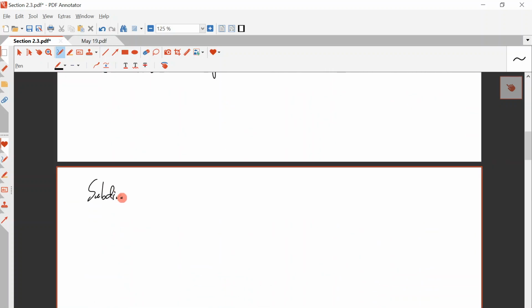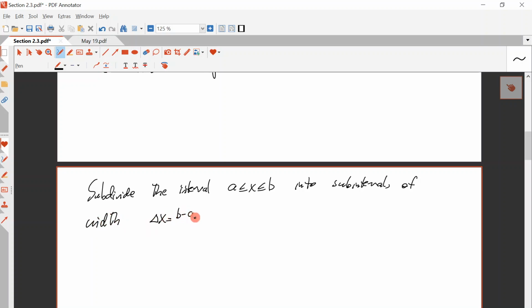So subdivide the interval a less than or equal to x less than or equal to b into subintervals of width delta x equal to (b minus a) over n.